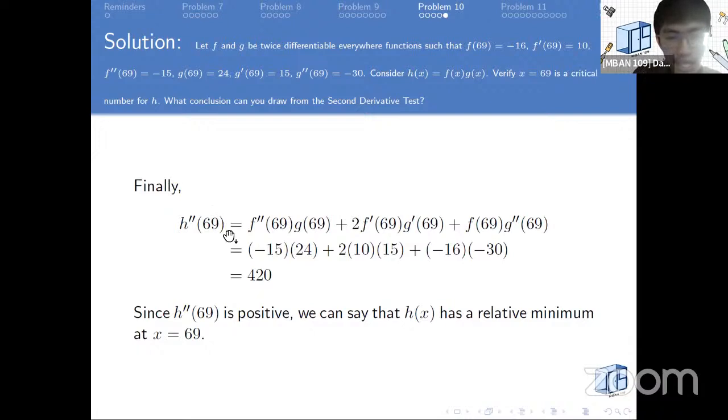Finally, h double prime of 69 is equal to this entire thing here: f double prime of 69 multiplied to g of 69, which is negative 15 times 24, plus 2 multiplied to f prime of 69 times g prime of 69, which is 2 times 10 times 15, plus f of 69 multiplied to g double prime of 69, which is negative 16 times negative 30.